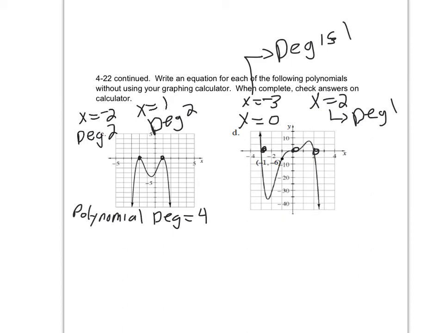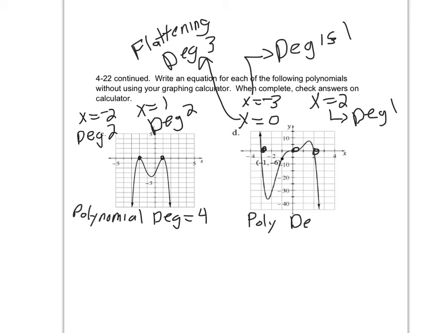And at x equaling 0, since there's a flattening, that degree has to be odd. So that's going to be of degree 3. So overall, this polynomial degree is 1 plus 1 plus 3, or 5. Use that to help write your equations. When you're done, come back and check your work.